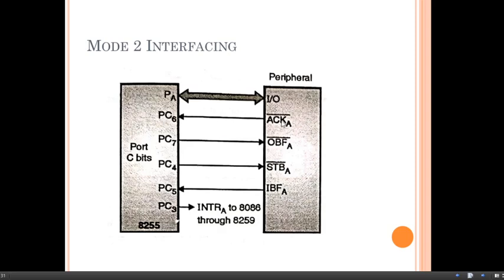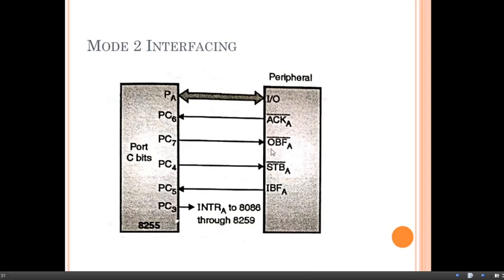Now this acknowledge signal is an active low signal generated by the peripheral device to this 8255. The acknowledgement signal is used to tell 8255 that the data is read from port A, so that 8255 will remove the OBF signal.